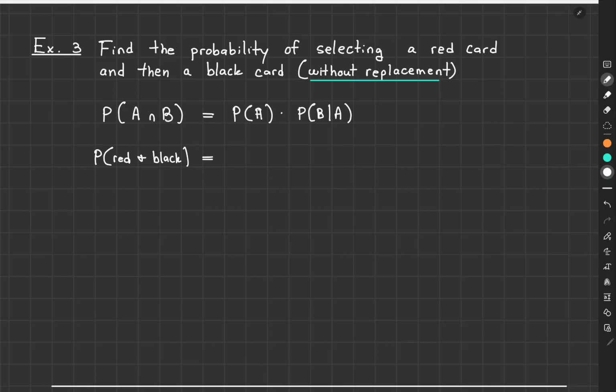The probability of picking red and black is equal to the probability of picking a red card times the probability of picking black given that red was already picked.